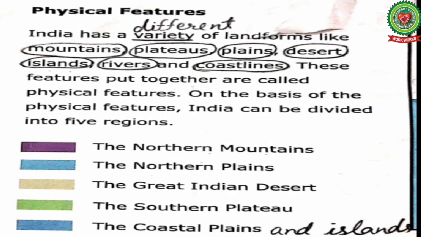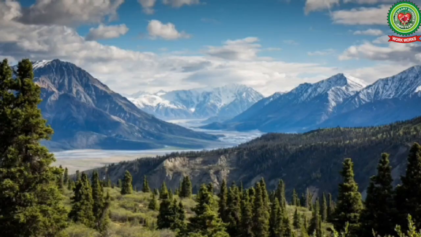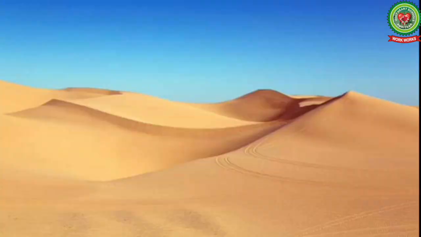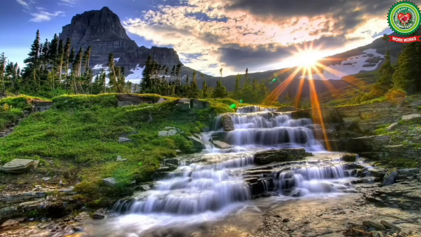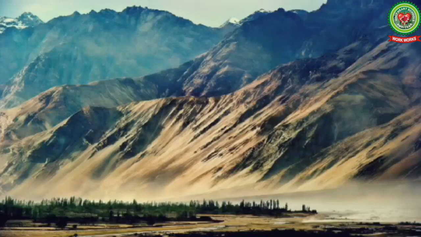So students, this paragraph means that a natural feature on the surface such as water, mountains, deserts, etc. are all physical features. Or we can also say a feature on Earth's surface that has been formed by nature, and India has a variety of landforms.